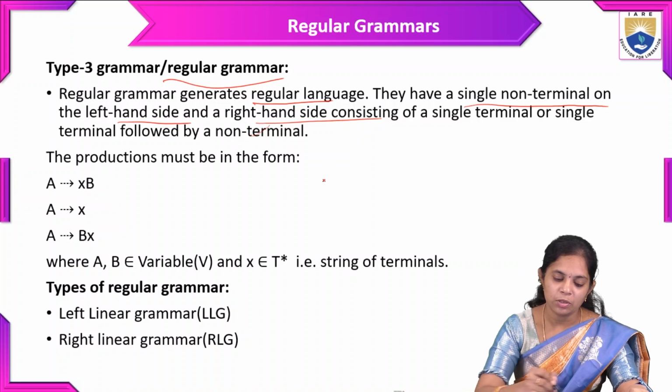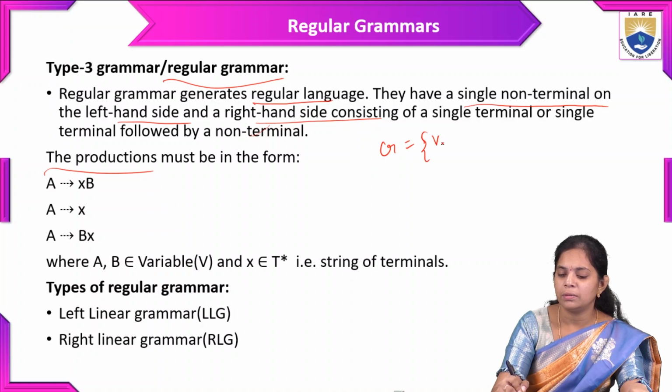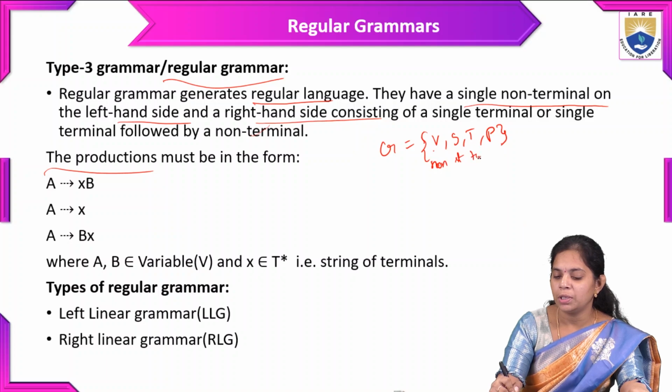Here, the general representation of a grammar is V, T, S, P. V is the non-terminals, S the start symbol, T the terminals and P the productions.